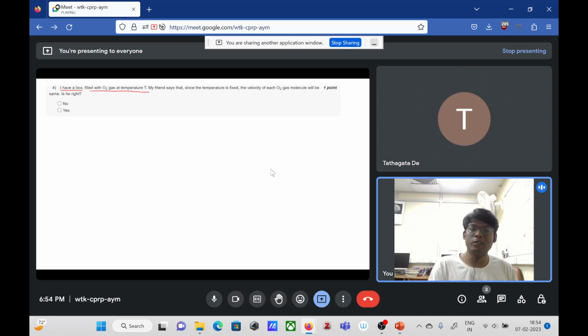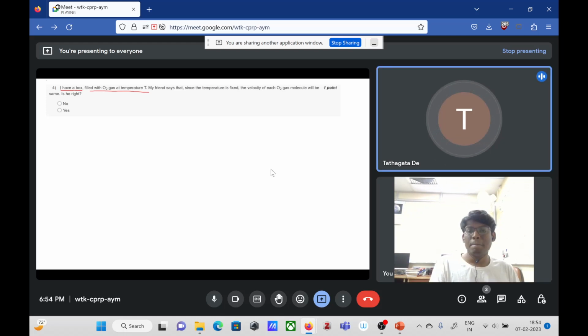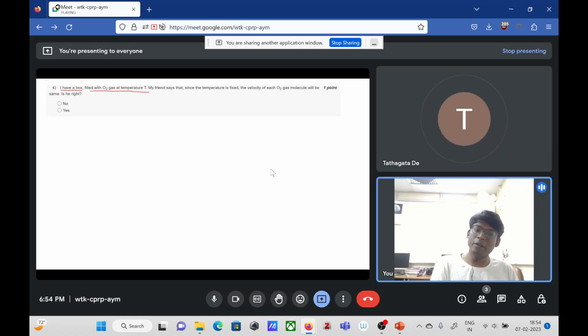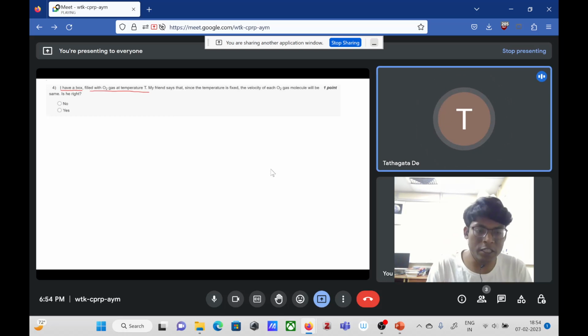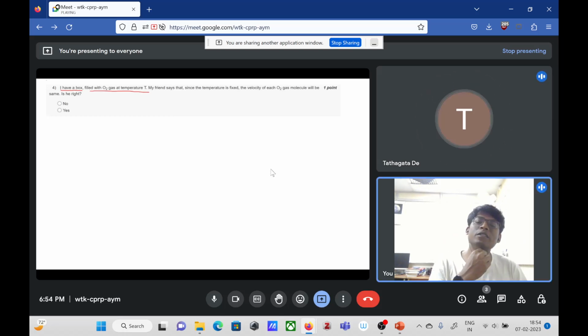It can so happen because this collision probability is varying. You agree to this point? So if that collision probability is varying, then how can you say that velocity or speed will be the same?